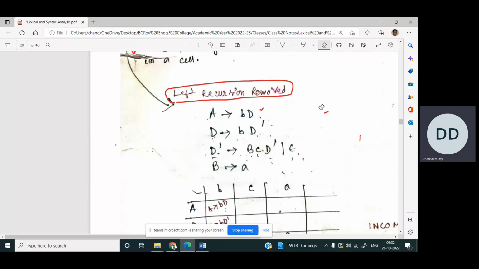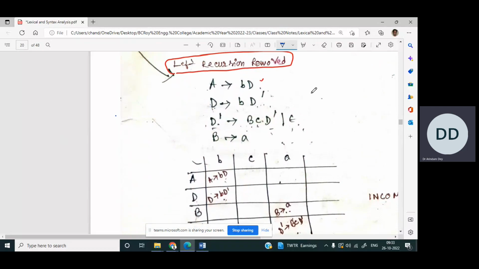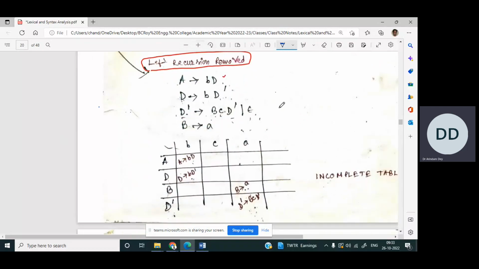Now, for this grammar, again we will check whether the grammar is LL1 or not, because initially the grammar that we had taken contained the left recursion. Now we have removed the left recursion and we are checking whether the grammar is LL1 or not.